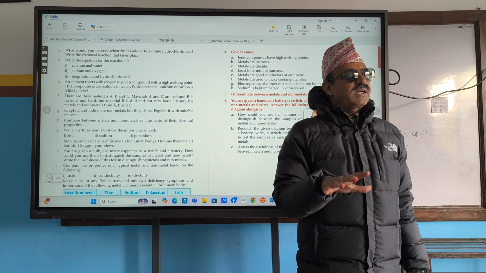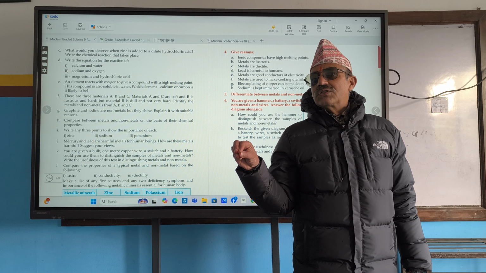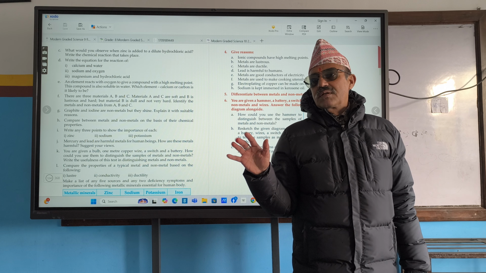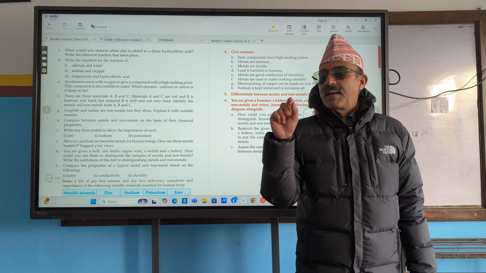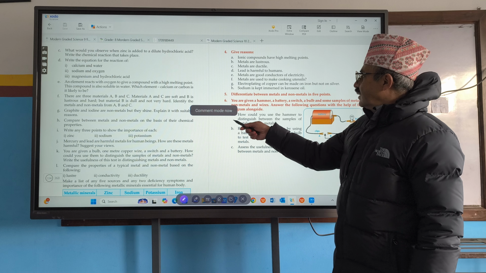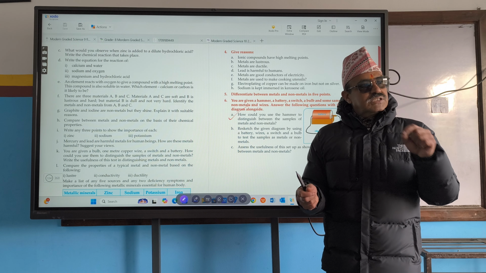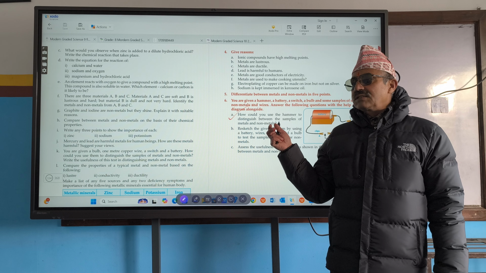If it breaks or does not change into thin sheets, then that is non-metal, right? Because that is malleability. Which property is that? Malleability. If it changes into a thin sheet, that is metal. If it breaks, then that is non-metal.